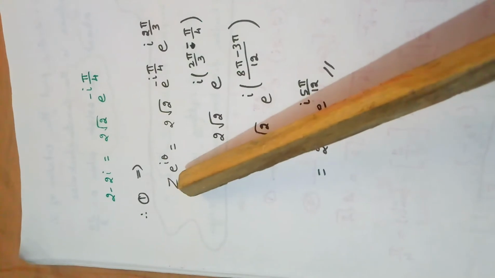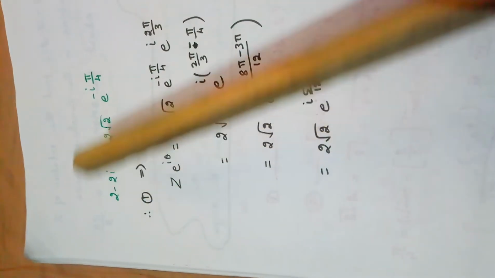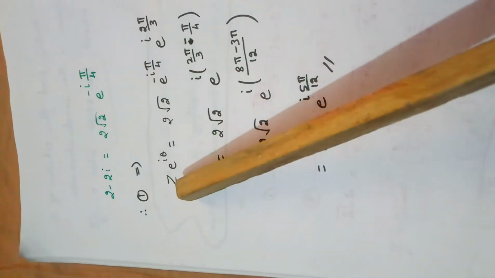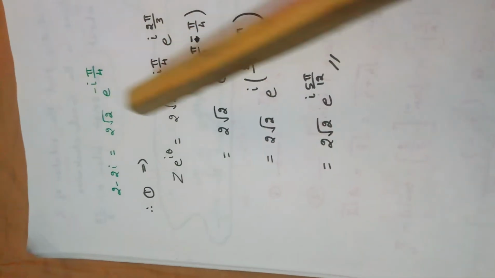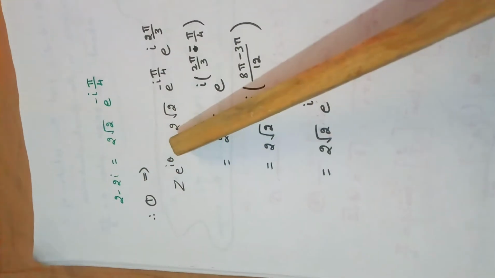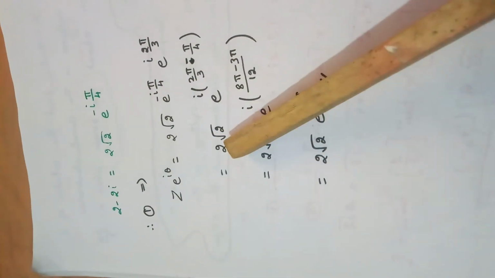In place of Z, one complex number was given to us. That complex number we have changed into polar form. So in place of Z, instead of writing 2 minus 2i, I am writing the polar form. Then e power i theta, e power i, what is theta given in the question? 2 pi by 3. So keep this number as it is.